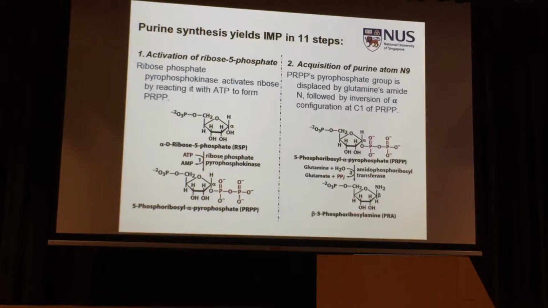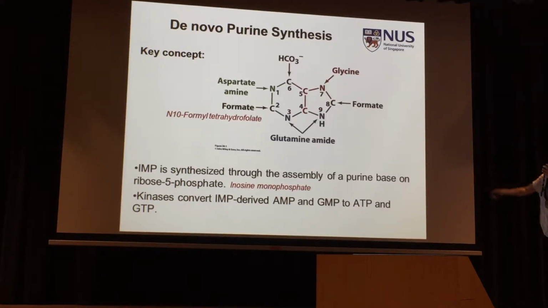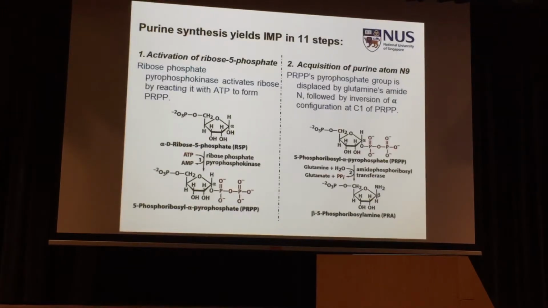So with the PRPP, first we have to acquire the purine atom N9. N9 is over here. We're going to build this 5-membered imidazole ring first, starting from 9, and then we build the 6-membered ring. So we have to add the purine atom 9.